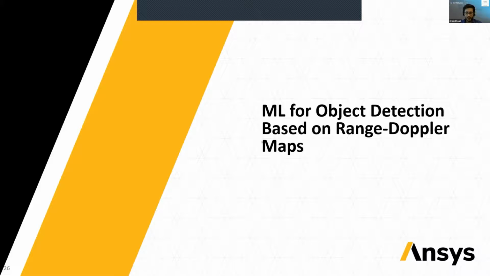Okay, I said I would also provide some information on what we have done for these aspects, some experimental results and proof of concept. So first of all, we said, okay, let's use this for object detection based on range Doppler maps.